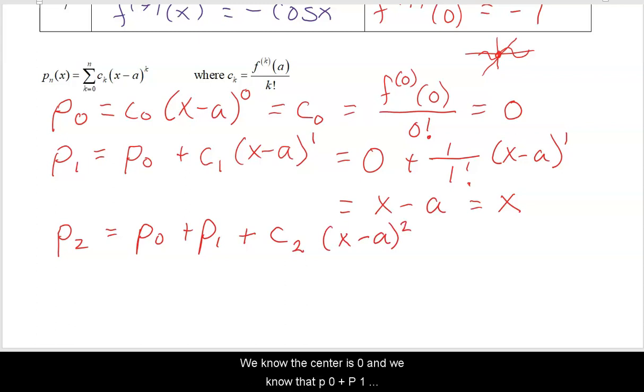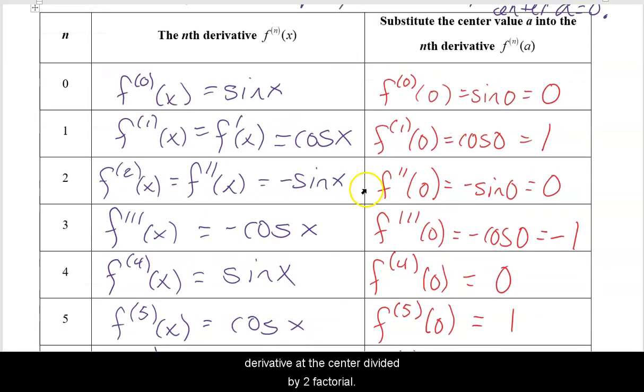We know the center is 0, and we know that P0 plus P1 reduced to simply x. Our C2 constant coefficient is given by the second derivative at the center divided by 2 factorial. The second derivative at the center is 0.